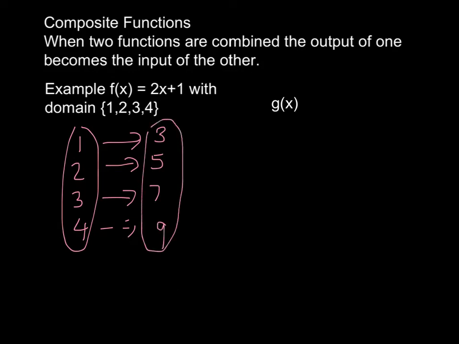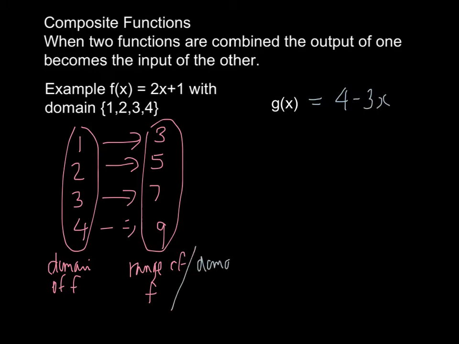So here we have the domain of f, and here we have the range of f. Now I'm going to introduce a second function, g of x, and I've chosen 4 minus 3x for that. We're going to make the range of f into the domain of g. So we're going to map these outputs using another function, g of x.